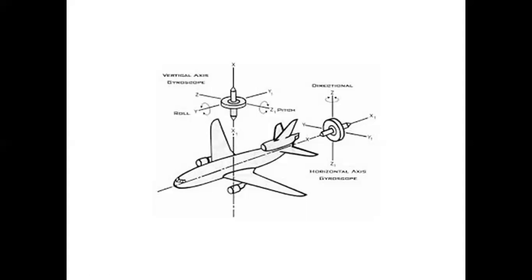Now the fingers are curled in a particular direction, say downward. This will indicate the active gyroscopic couple.